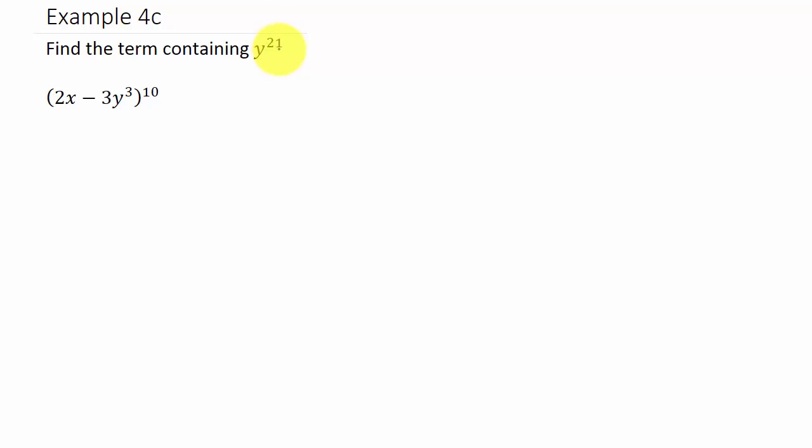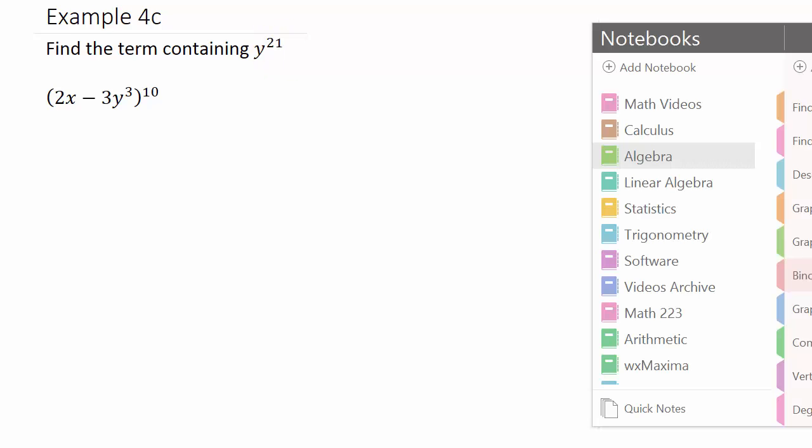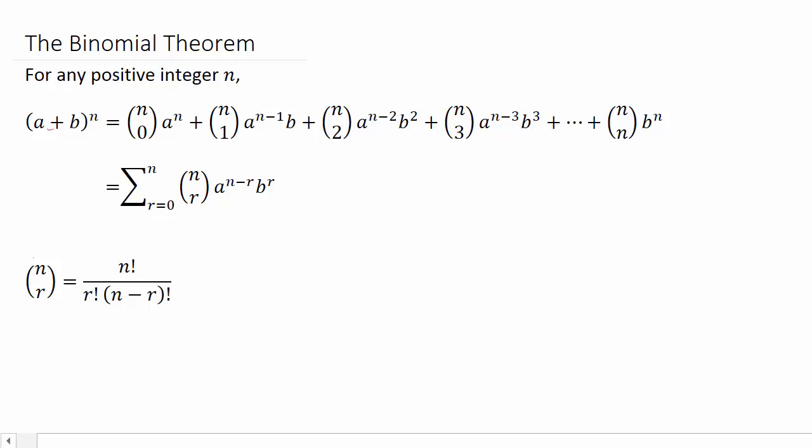So to do that, I think we need to take a look at the binomial theorem. So what we have is 2x minus 3y to the 10th, and we want to find the term that contains y to the 21st.